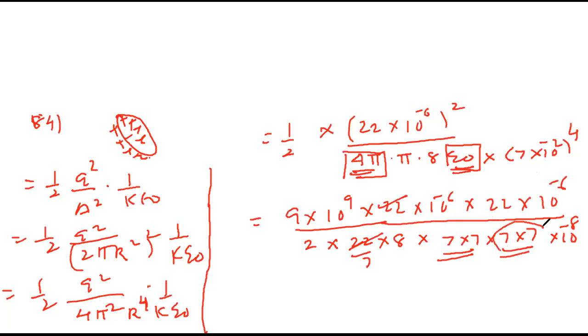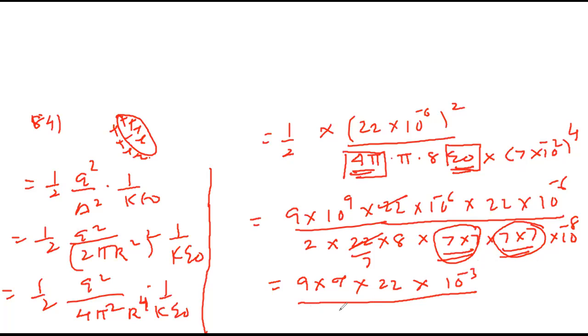I'm considering this as 50 so that calculation will be easy. So 9 goes up, 7 goes up, into 22, minus 6 minus 6 is minus 12, 10 raised to minus 3 upon 2 into 8 into 10 raised to minus 8 and into 50.